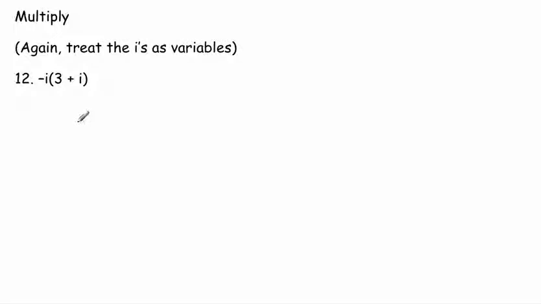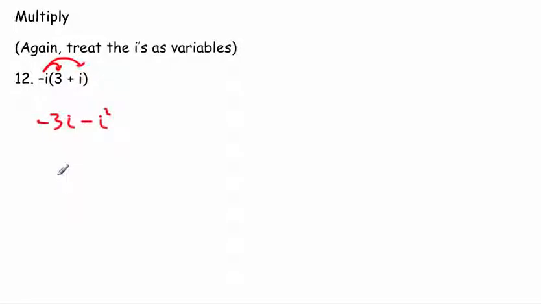You can multiply with this also. We've been adding and subtracting, but this is multiplication now. So I'm going to distribute the i and treat it like it's a variable. So I'll have 3 times negative i is going to be negative 3i. And then negative i times positive i is going to be minus i squared.